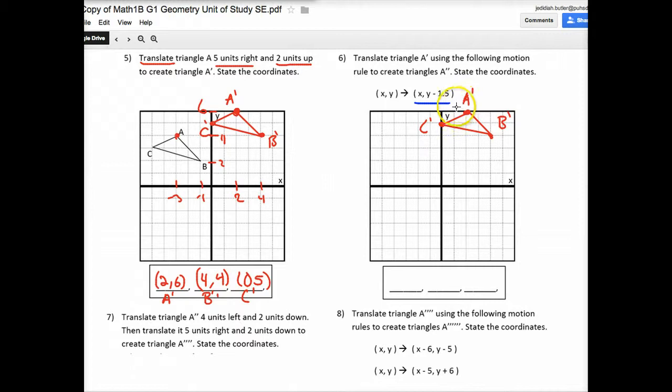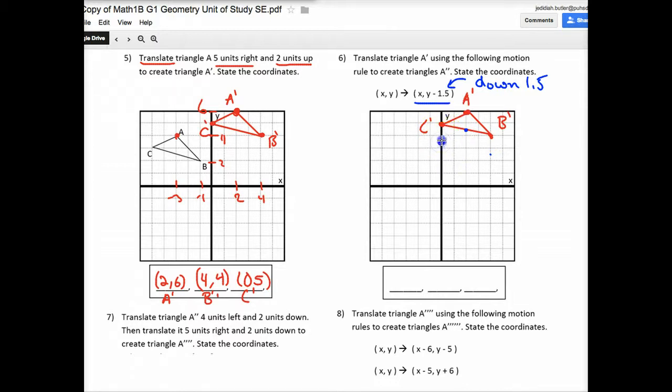So the x stays the same. We're not going to move left to right. But right here, we are going to move down 1.5. That's 1.5 squares. So I'm going to go down a square and another half. Then for this one, A, I'm going to go down a square and a half. And then for this one, down a square and a half.